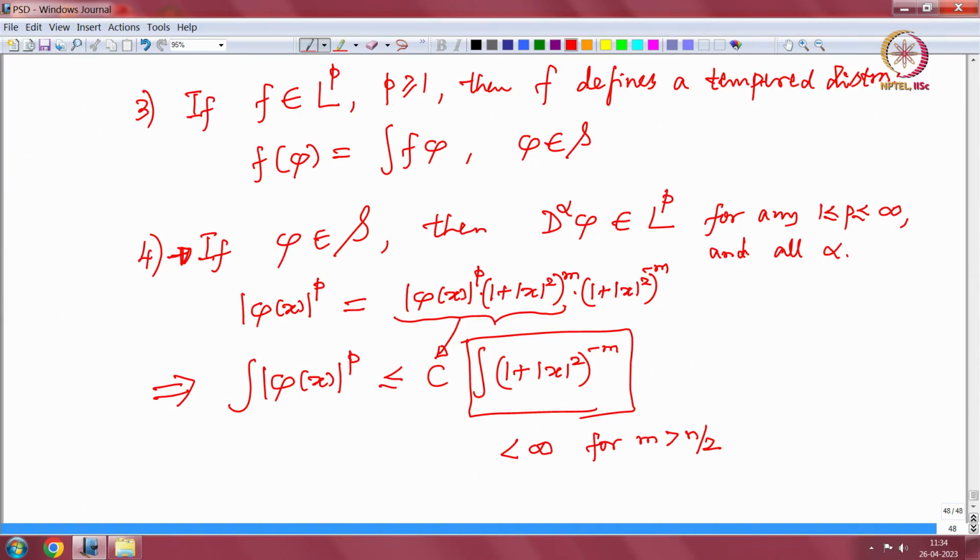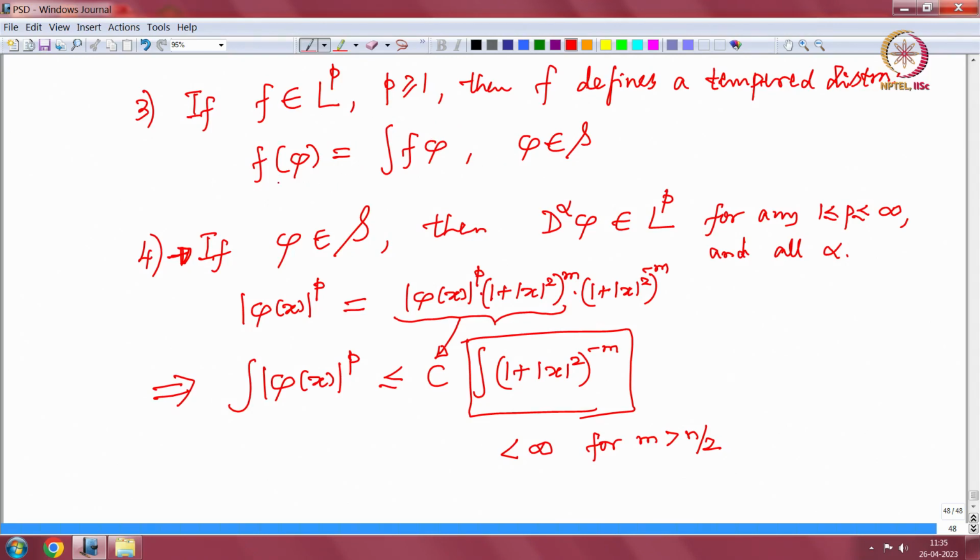See, L infinity is already in the definition, so they are all bounded. So, there is no problem. The integrability can be obtained in this way. And once we know that this phi is in any LP, in particular we can use that in LQ, where Q is the conjugate of P, then we show that any LP function defines a tempered distribution.